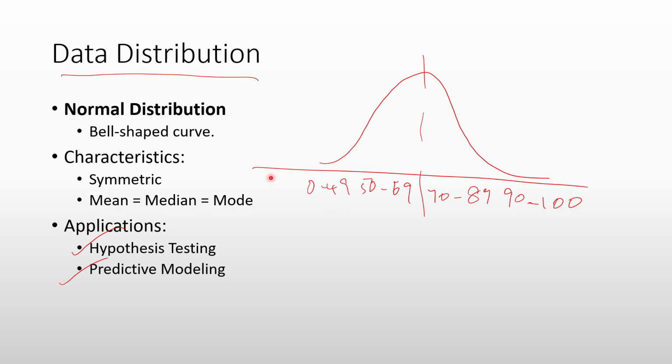And data distribution: here you can see the bell-shaped curve. This has a symmetric property, meaning whatever distribution is here, the same distribution is also here. It also uses the formulas for mean, median and mode. Here, for example, the ranges 0 to 49, 50 to 100 show a calculation of marks of students in a classroom.